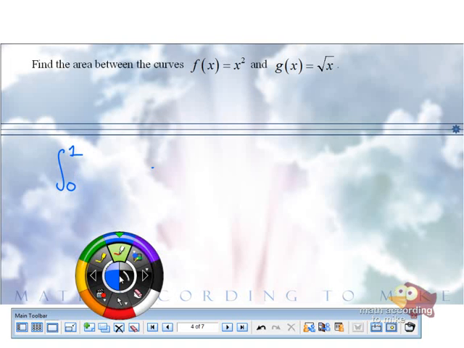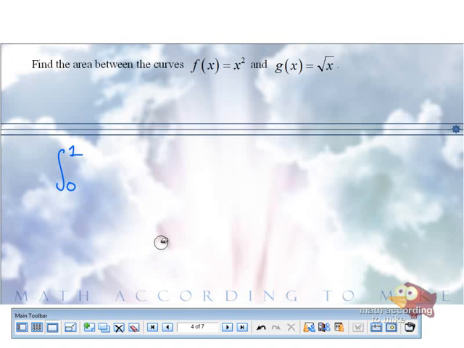Now, I already took my screen off, but which function was on top between 0 and 1? The square root was on top, right, because it curved up.